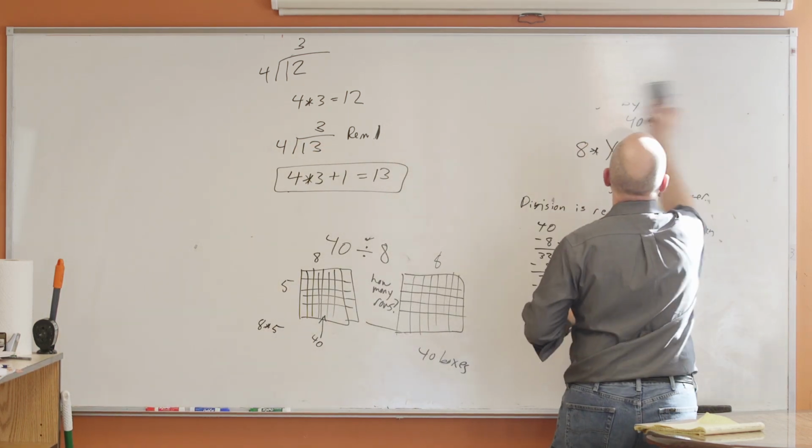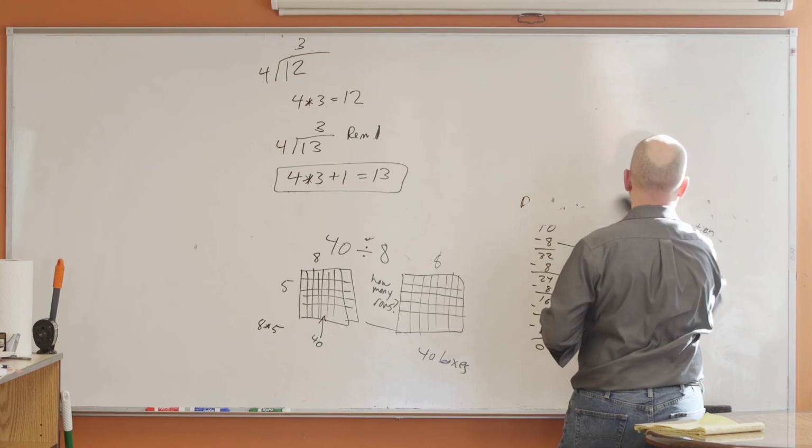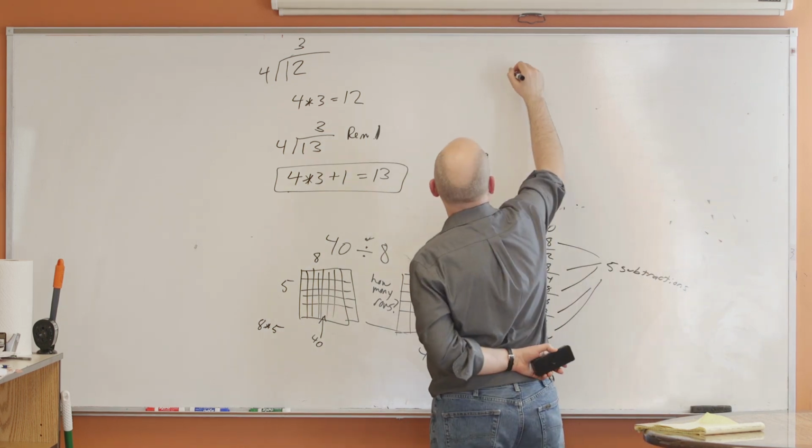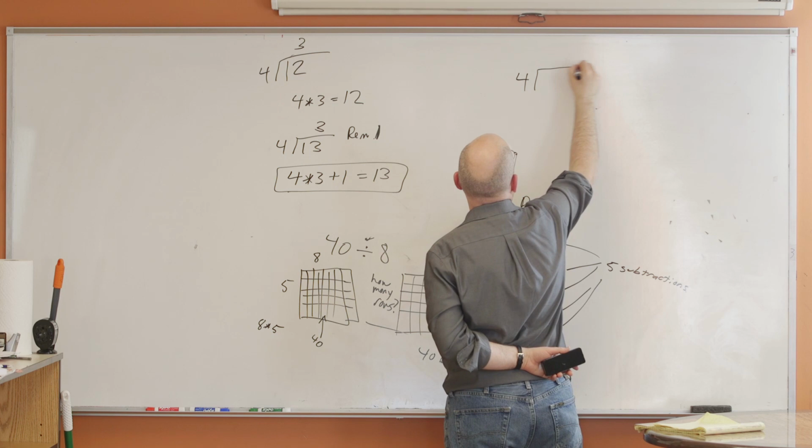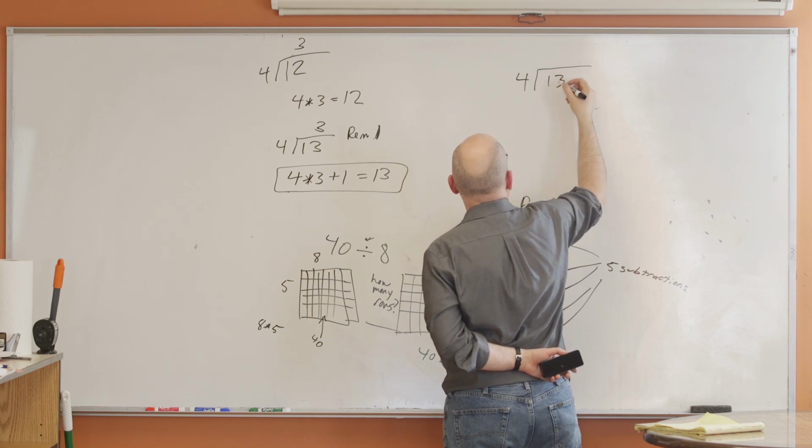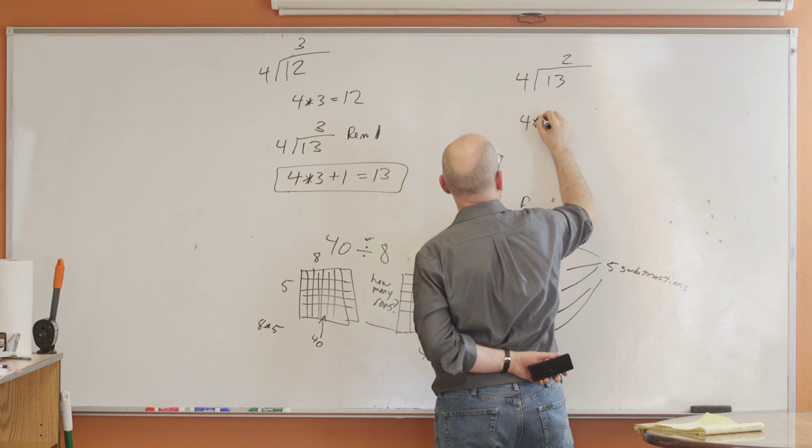Now, let's say I did that wrong. Let's say that I did 4 into 13, and I thought it was 2.